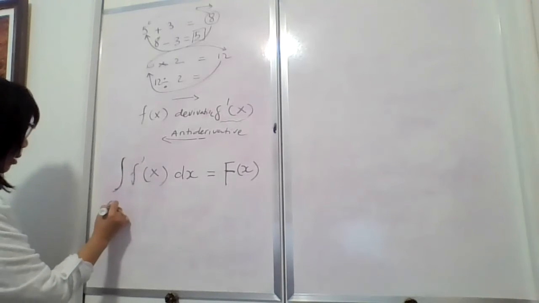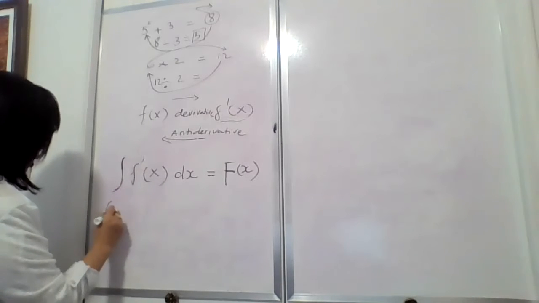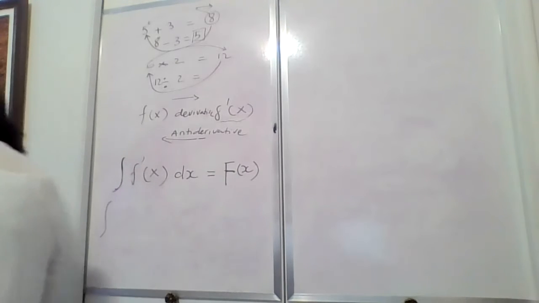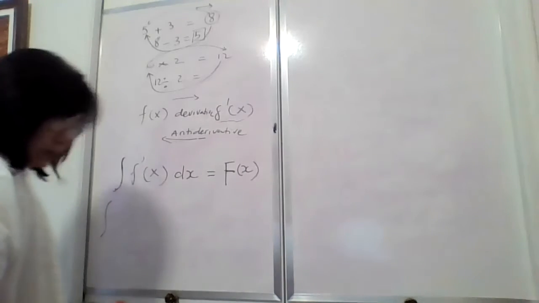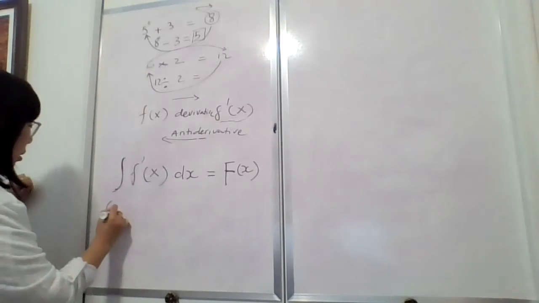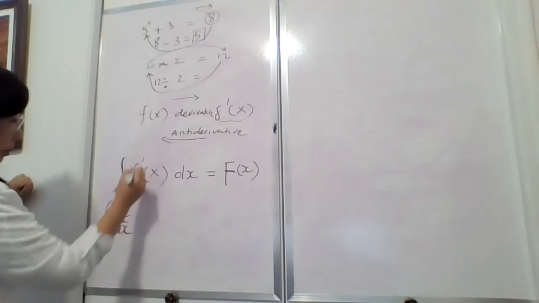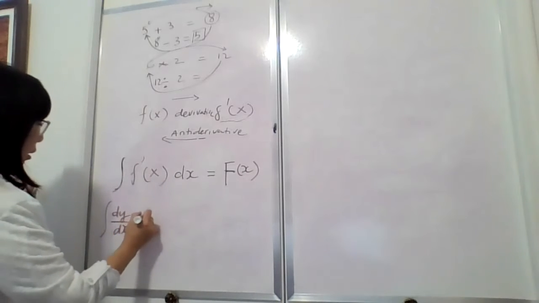So instead of this, I would say dy over dx. So I'm going to call this dy over dx, right? Instead of f prime x, same thing, right?